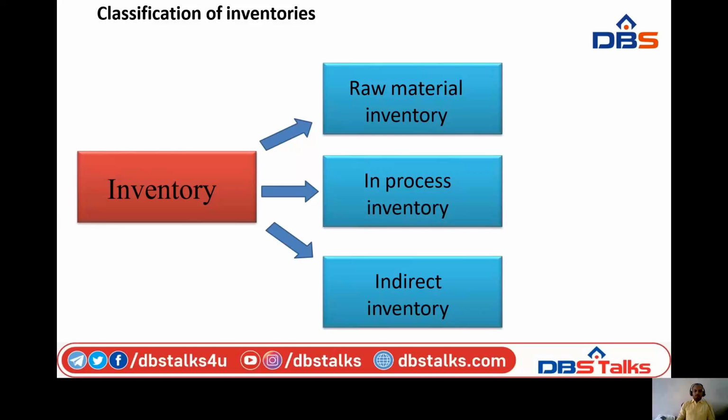The raw material inventory, in-process inventory and indirect inventory: in most cases we have to be aware that the raw materials or the materials will be classified, and have to be purchased and managed.